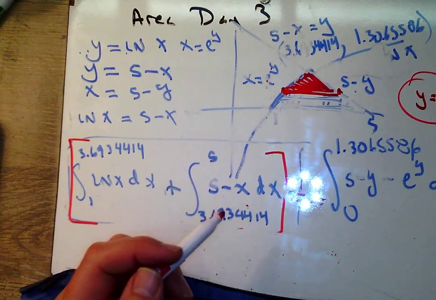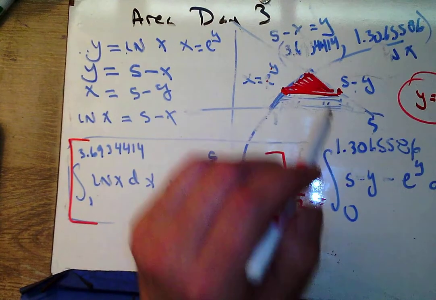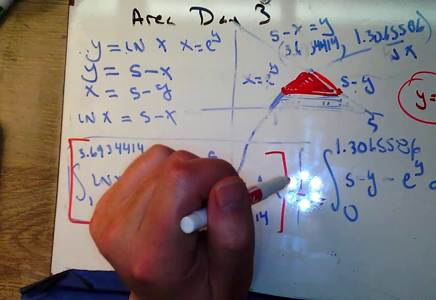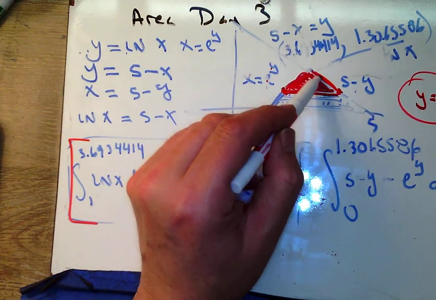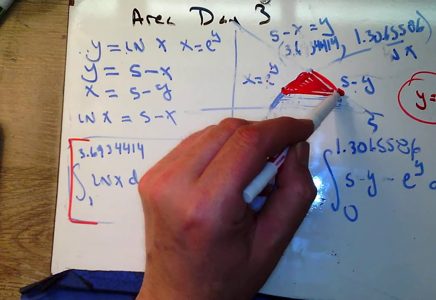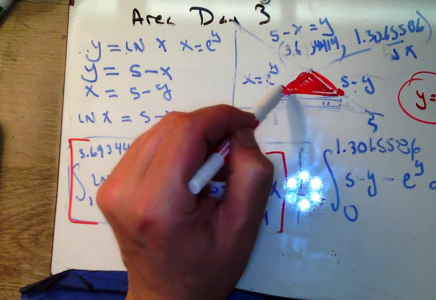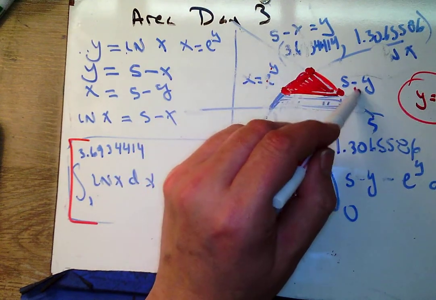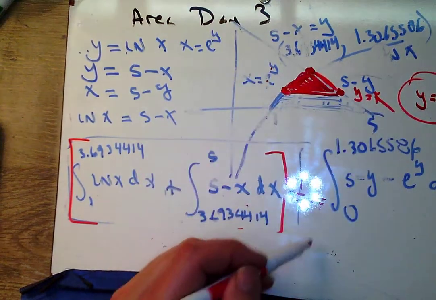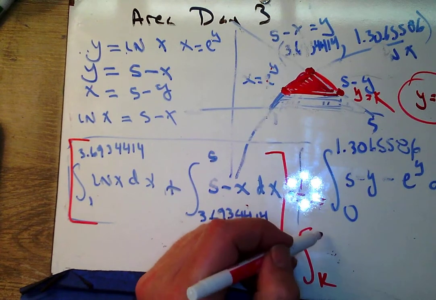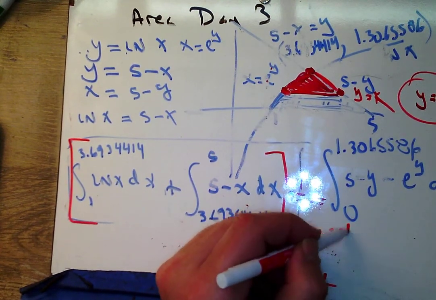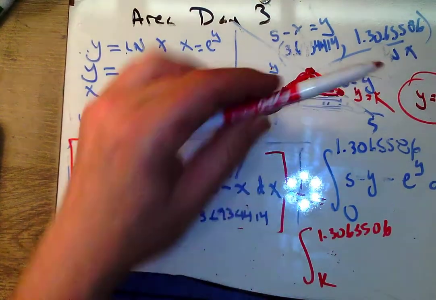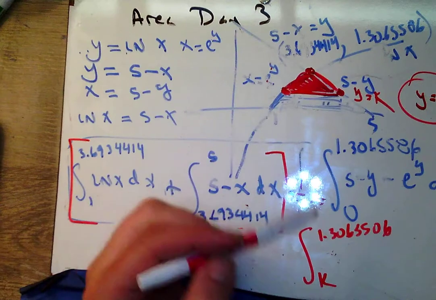Okay. What's another way? Well, if we do right minus left, I'm integrating from this y value to this y value. And this is my y equals k. So maybe k to 1.3065506, and I'm integrating from here to here.